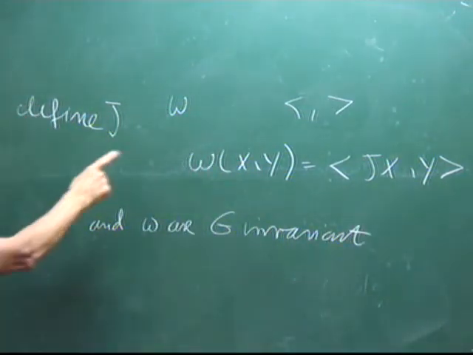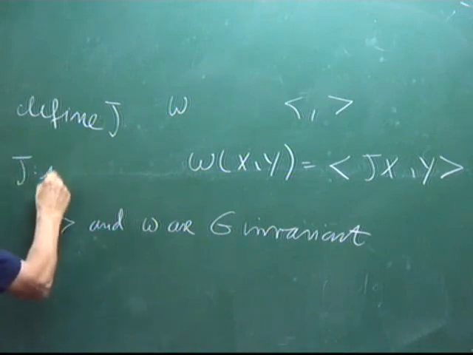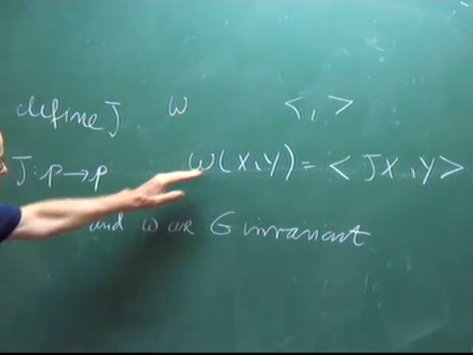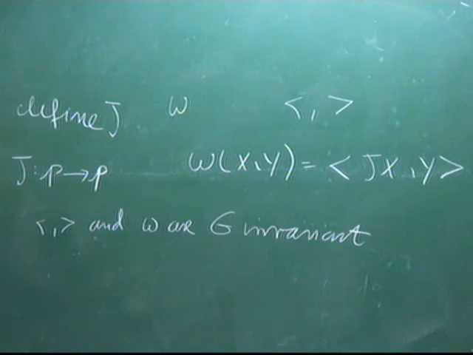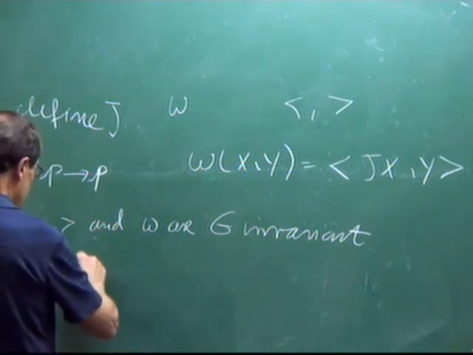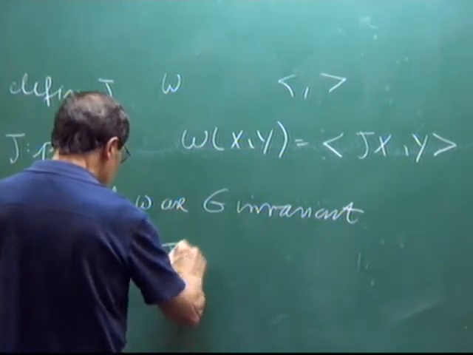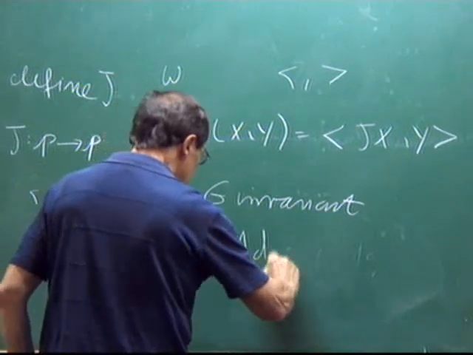So let's say my J here I just define as an endomorphism from P to P. For a Hermitian symmetric space, all we have to construct is some endomorphism P to P. Let's just do it on P by this equation here. Okay. So the metric and omega are G invariant, which means that hence J is Ad K invariant.